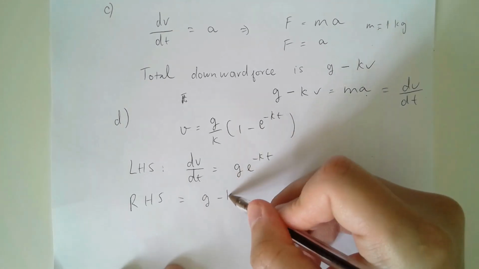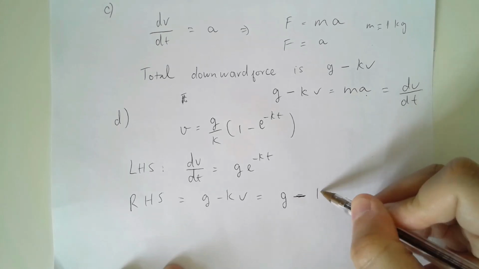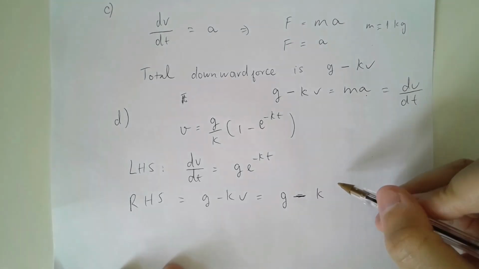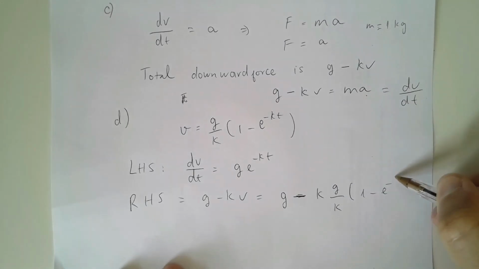Right hand side, g minus kV, where g stays, minus k times V, which is g over k, 1 minus e to the minus kt.